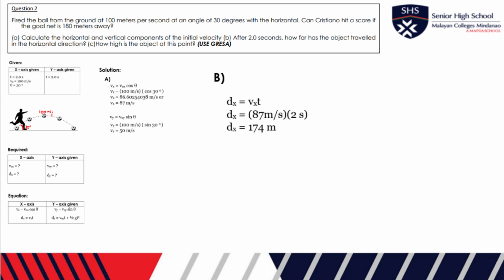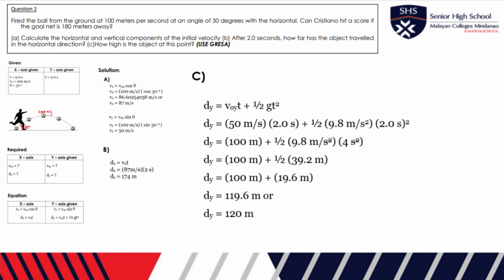So we have 87 meter per second multiplied by 2 seconds. We cancel out the units of seconds, leaving only the unit of meter. And we have 174 meters for the displacement in the x-axis. So that's it for letter B. Congratulations.